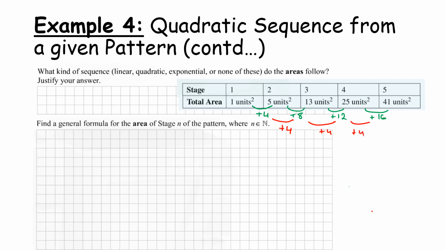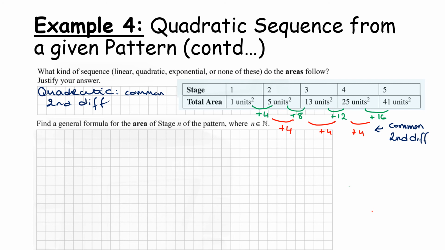To justify your answer: because it has a common second difference, we'd say quadratic, and we would say common second difference. We can show that easily here. That is justification enough to say there is a common second difference. So therefore it must be quadratic.